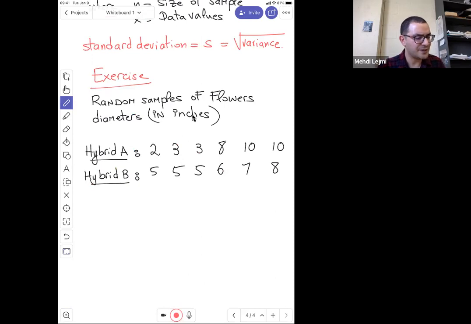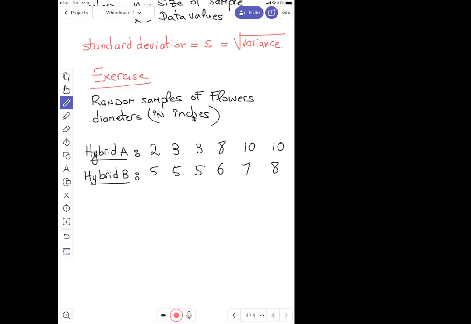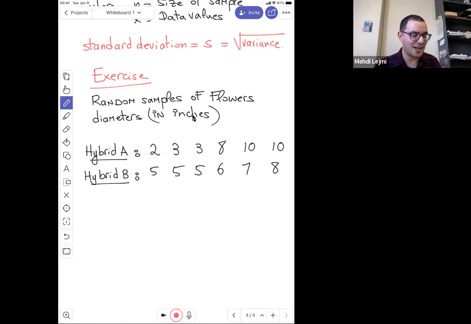Is the standard deviation of hybrid A larger or less than the standard deviation of hybrid B? Which one has the higher standard deviation? B. Oh no, is it A? Because it has 10 and 10? Actually A, because you see, the diameters in A are more dispersed than in B.